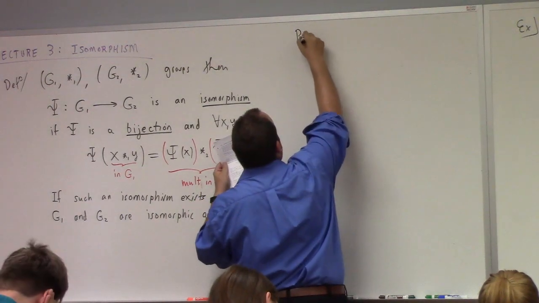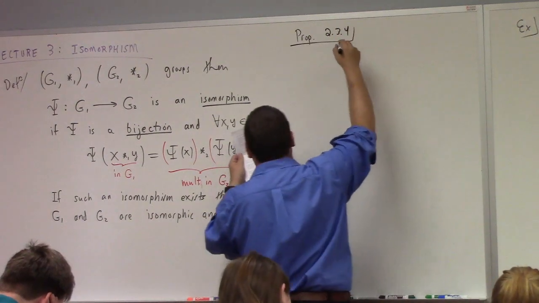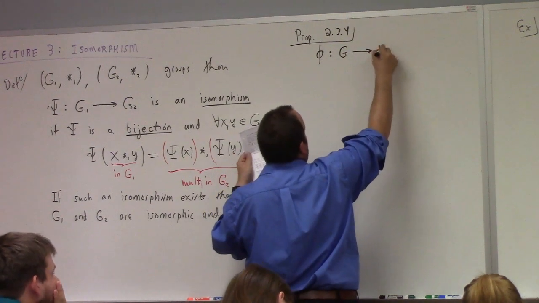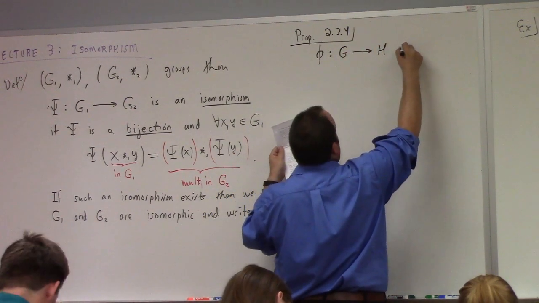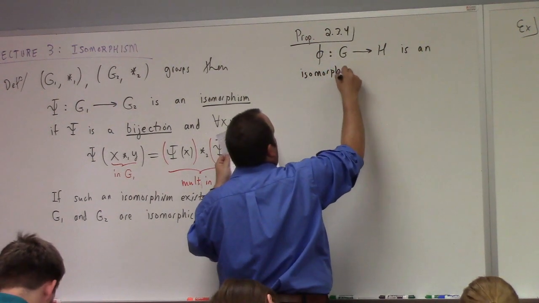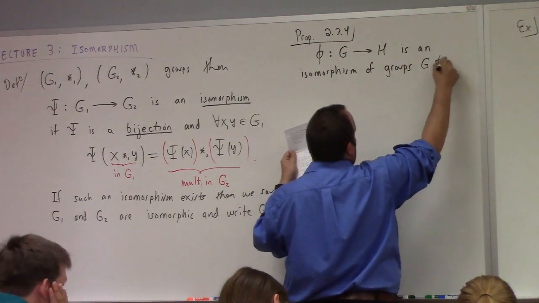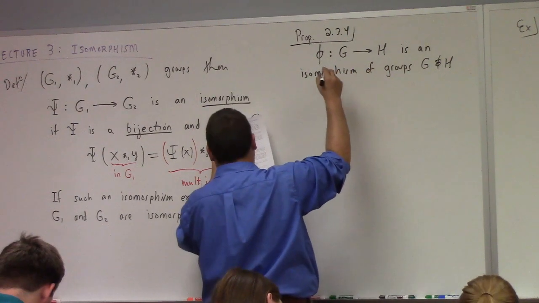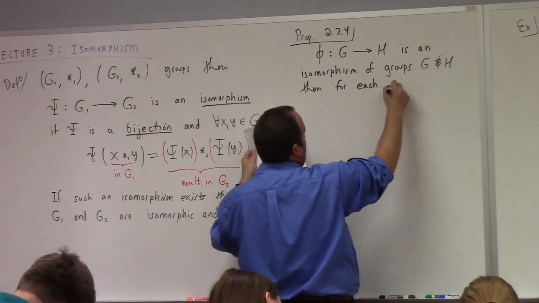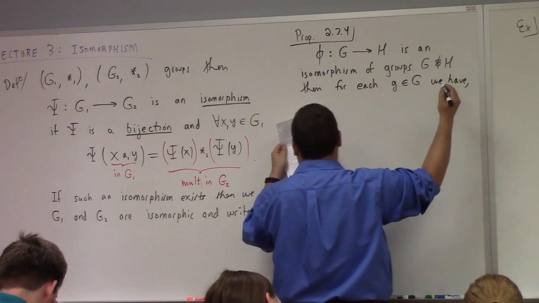So I called this Proposition 2.3.4. And it says the following. If phi from a group G to a group H is an isomorphism of groups, of course, then for each g in G, we have a few things.